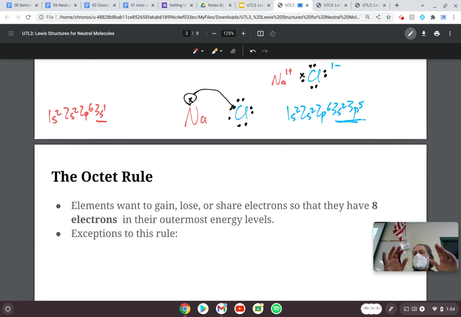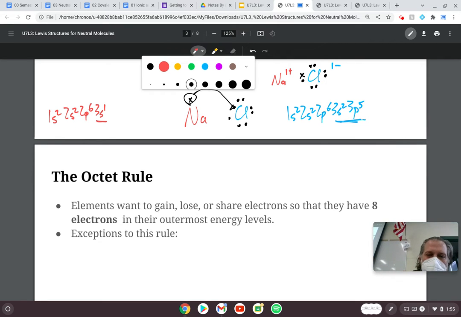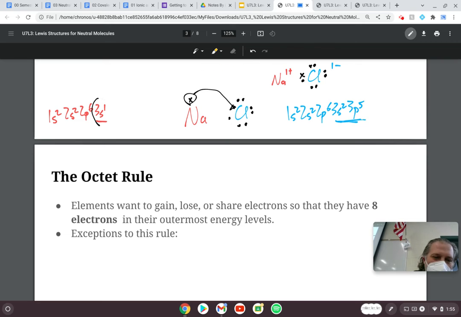What we were getting at was that sodium achieved a stable arrangement of electrons, but we didn't really draw any stable arrangement of electrons. So I want to illustrate the idea that this 1 electron transferred to the chlorine, and then it left sodium with 2 plus 6, which is 8 valence electrons.